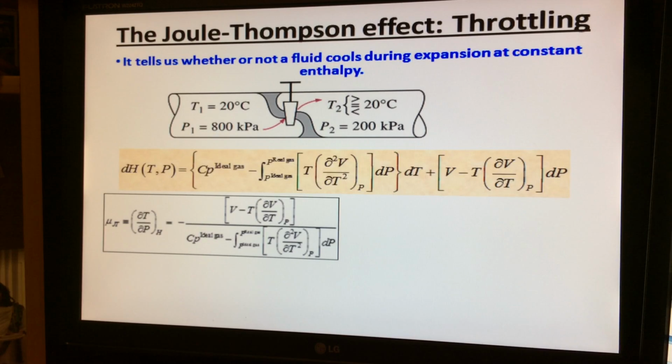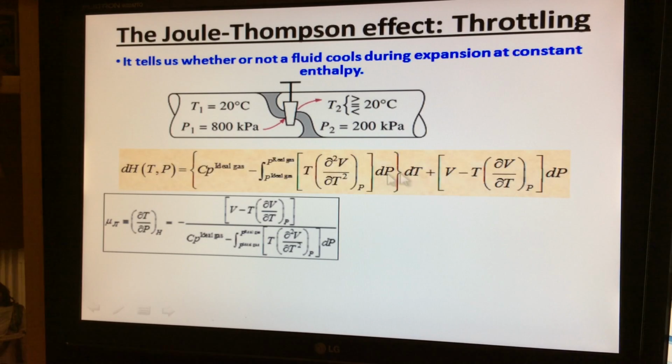Here I am showing you something that we have discussed in class. You have a fluid at T1 and P1 passing through a restriction valve, and it exits as T2 and P2. Since the energy balance that we did clearly demonstrated that the process takes place at constant enthalpy, we start from the dH expression.